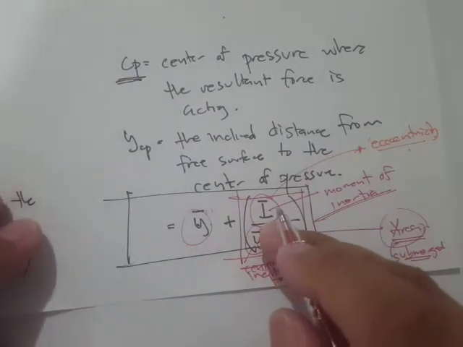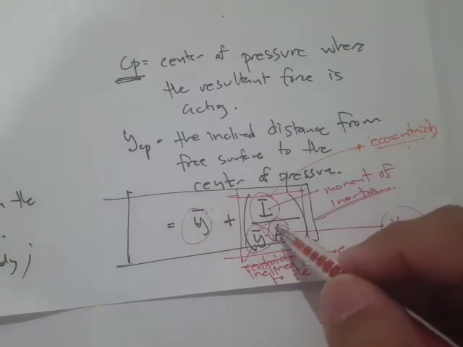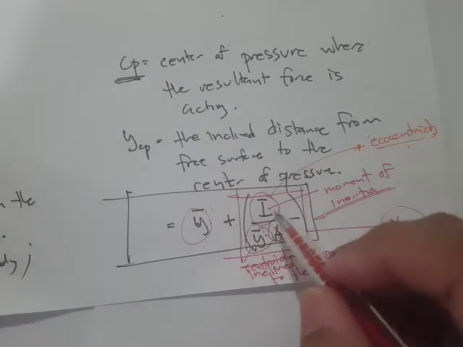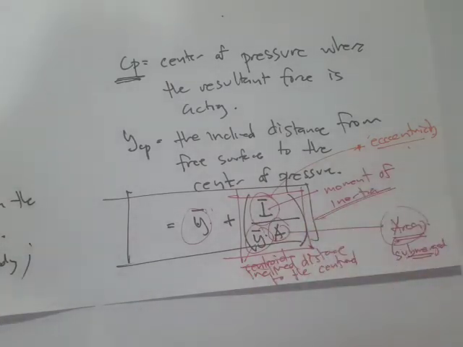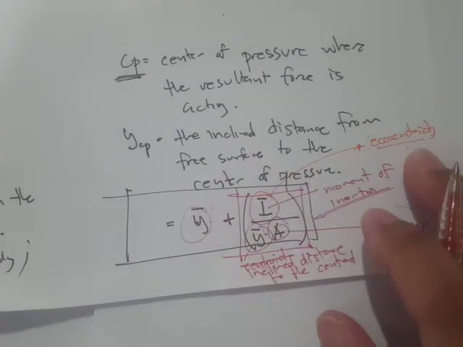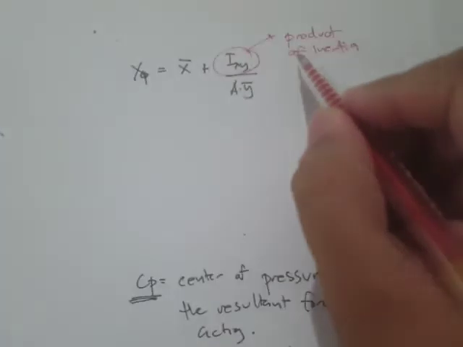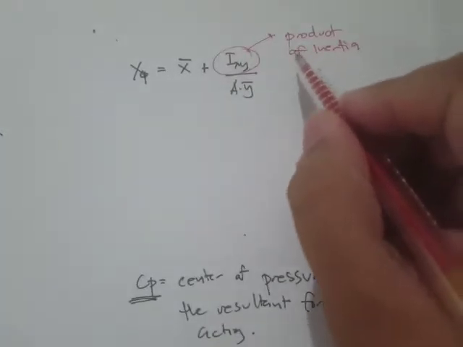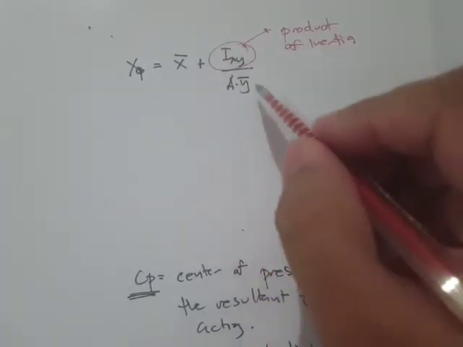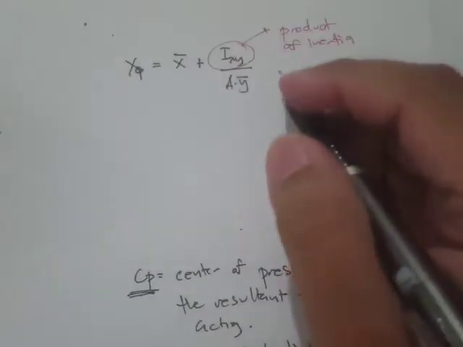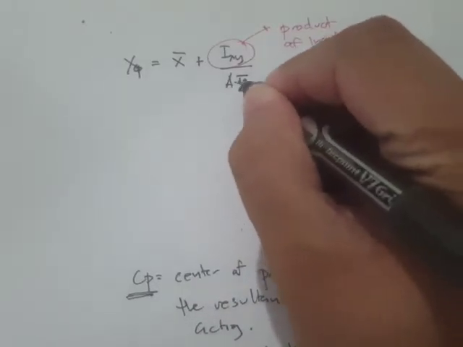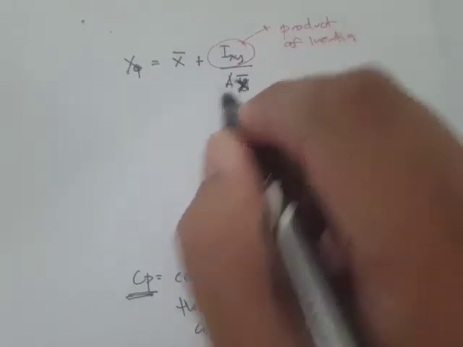Later on we will discuss in more detail this area, the moment of inertia and other things. This one is the product of inertia, and this one should be x bar, I guess, because we're solving for x.